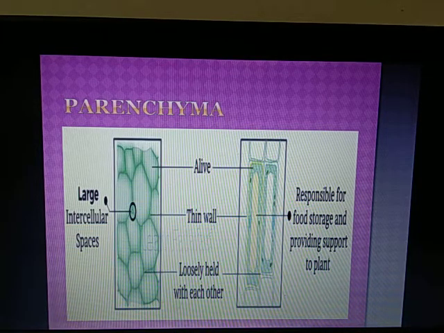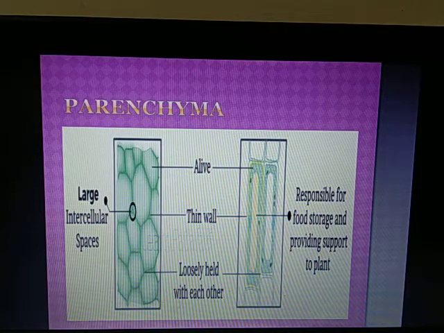In this type of tissue, active cell division takes place, so healing of the part of the plant or new tissue formation can also take place. This is also a function of the parenchyma. Parenchyma can be of two types: aerenchyma or chlorenchyma.